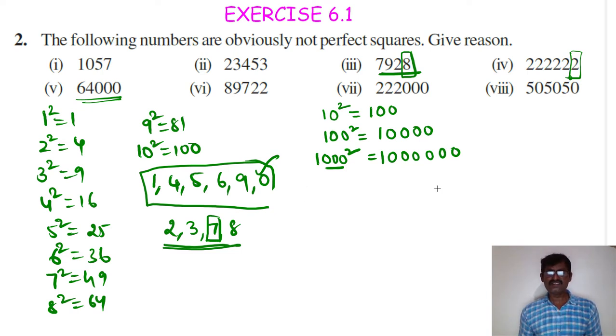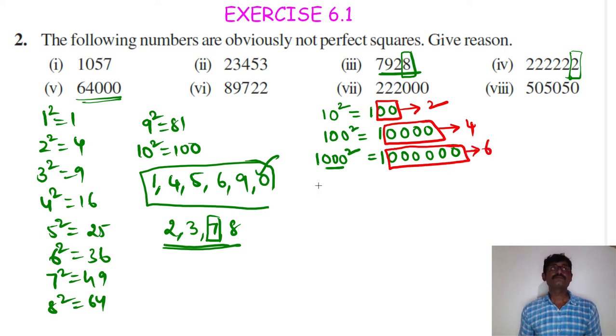Now if you observe all these square numbers, 10 squared equals 100 has 2 zeros. In 100 squared we have 4 zeros. In 1000 squared we have 6 zeros. That means if you take 10 or 100 or 1000, its square contains an even number of zeros at the end: 2, 4, 6, 8.